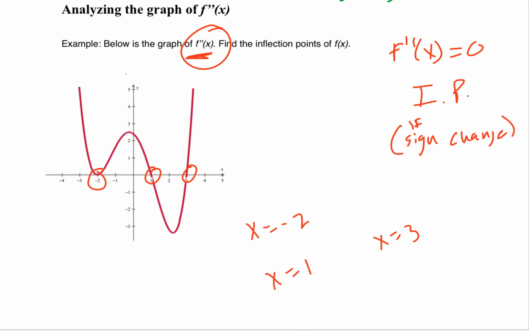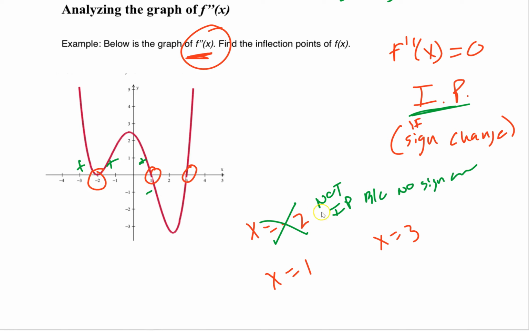Now remember, this is a second derivative, right? So second derivative tells me inflection point, but that's only when there's a sign change. Look at negative 2. Plus to plus, no sign change, not an inflection point. Look at x equals 1. It went from negative to positive. Sorry, it went positive to negative. Right?